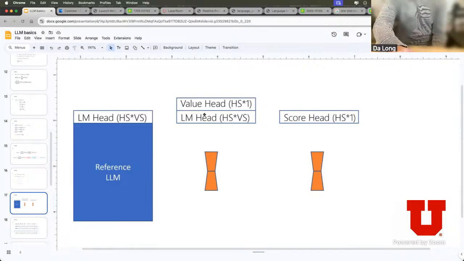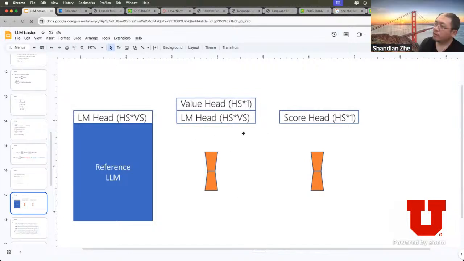If you use a prediction layer for the policy, they call it the LM layer. If they want to get the value prediction, they replace it with another linear layer called a value head, but they share the same body.